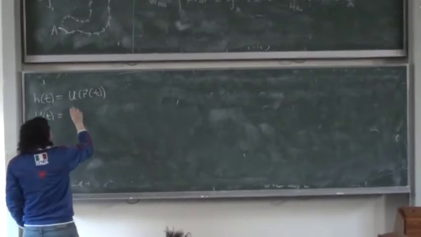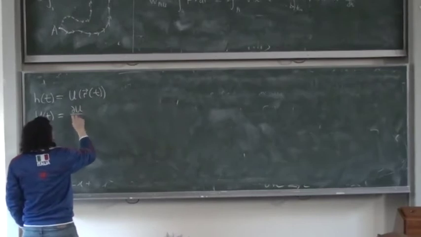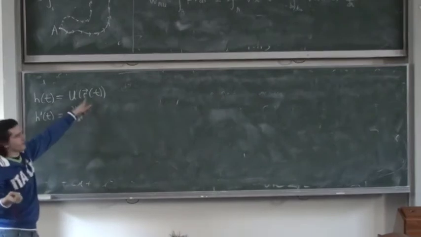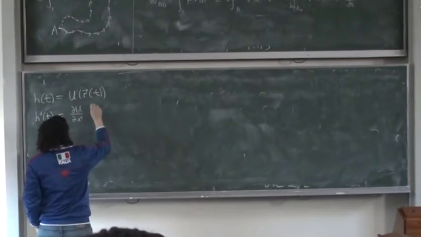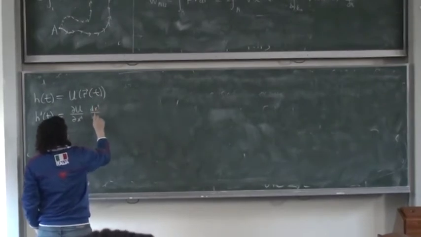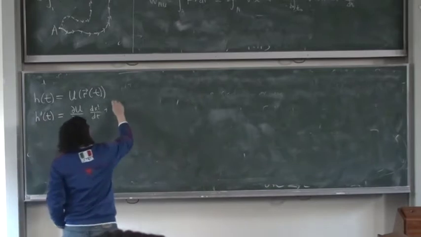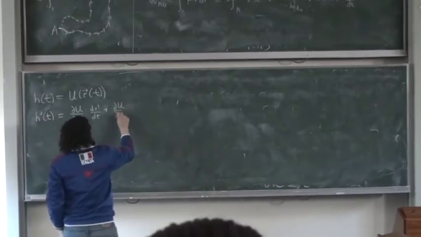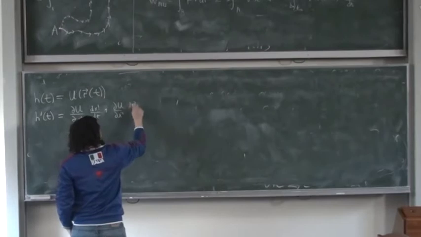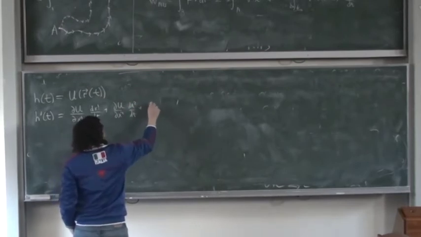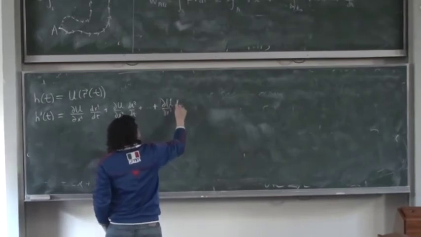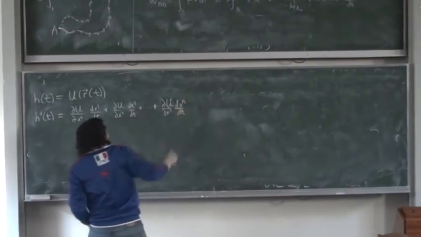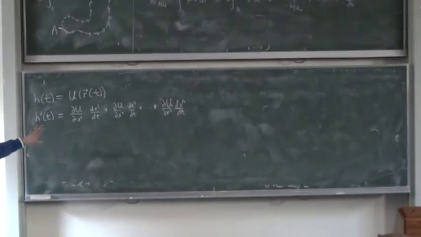So it's the partial derivative of u with respect to x1, or q1, whatever variable is the first variable in r of t, times dx1 by dt, plus the partial derivative of u by del x2 times dx2 by dt, and so on up to the partial derivative of u by dxn times dxn by dt. This is the chain rule. We've been using this. Yeah, so far so good.